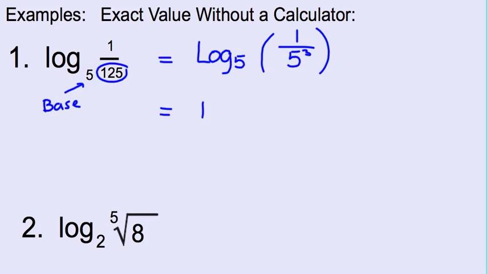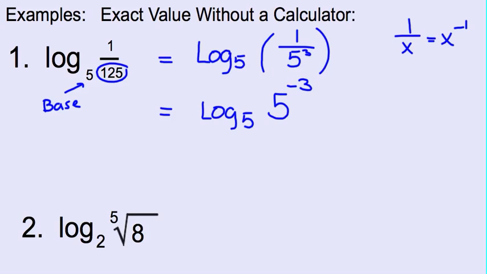Then I'm going to rewrite that 5 to the third with a fraction. Remember, when you have 1 over x, you can rewrite it as x to the negative 1, and that's what I'm going to do next. So I'm going to change it from a fraction to a negative exponent, so 5 to the negative 3 power.